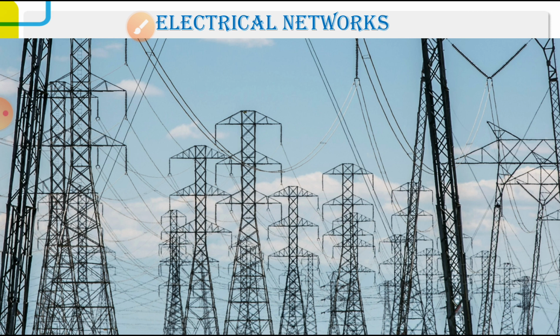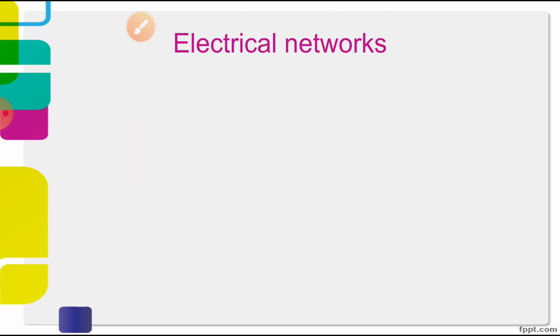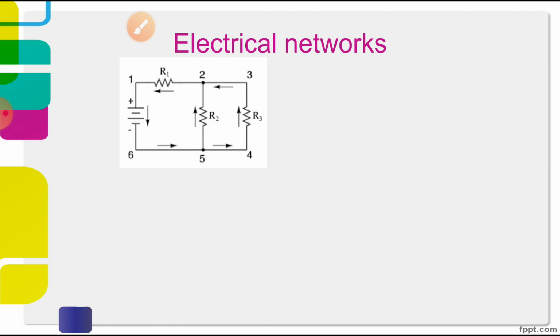For that purpose we are going to simplify this. We can write these complex real-time networks as simple circuits. You can see this simple circuit here. Now we can write these complex circuits as the simple circuits we have seen at first year level.